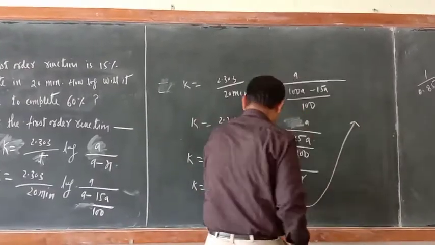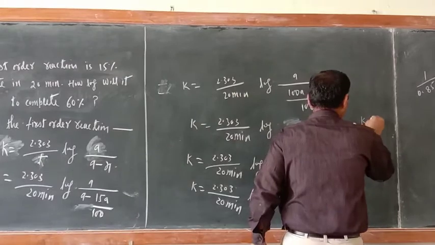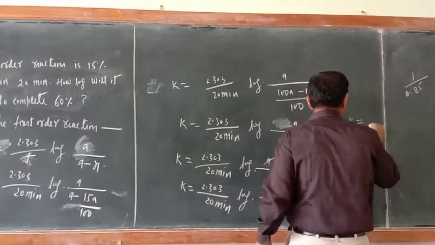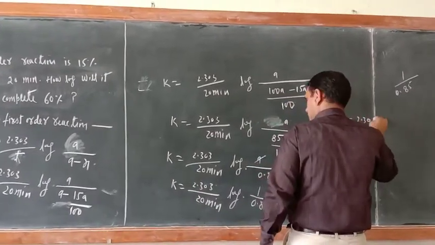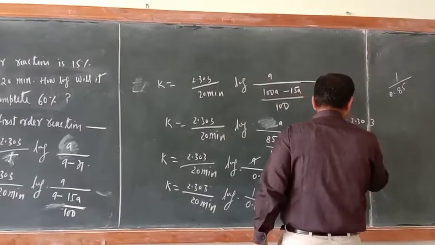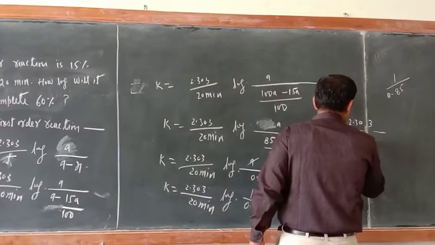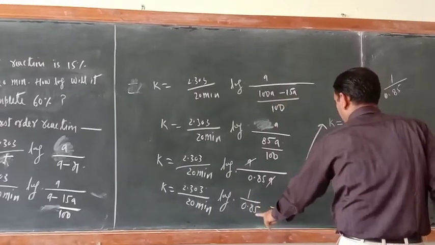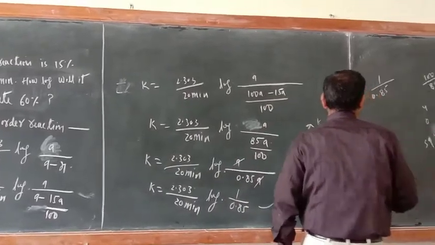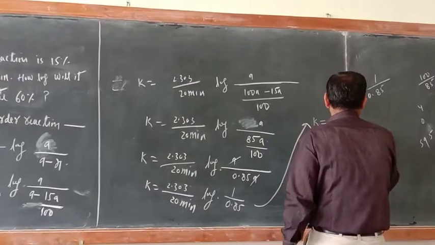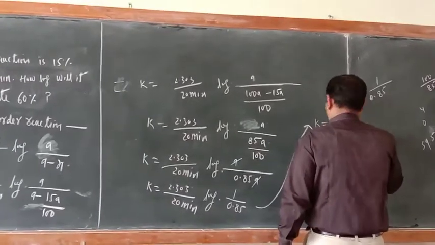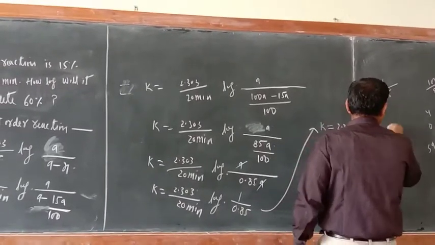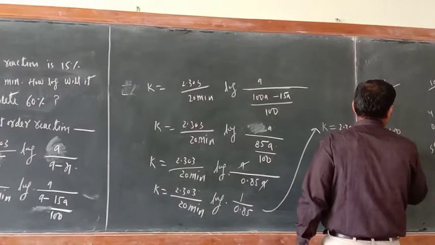And this can be written like that also. Just see, K equal to 2.303 divided by 20 minutes. So now if 1 by 0.85 is there, we can write this one as log 100 by 85.